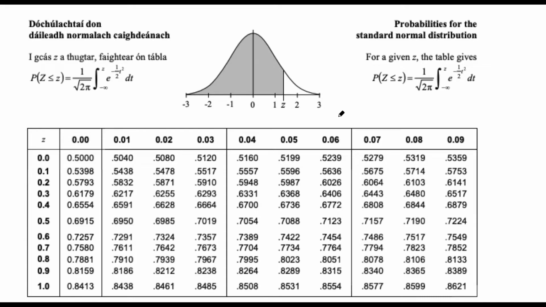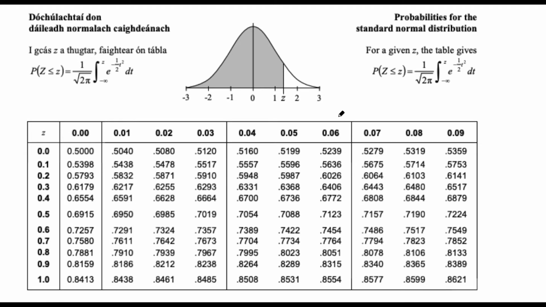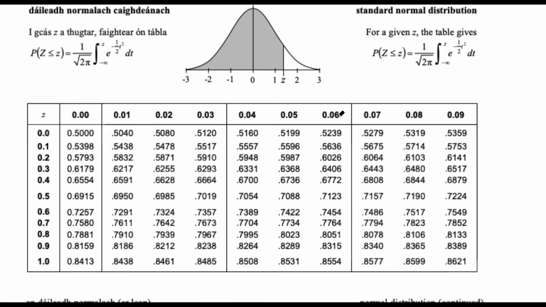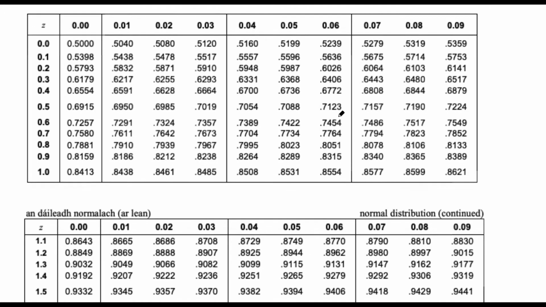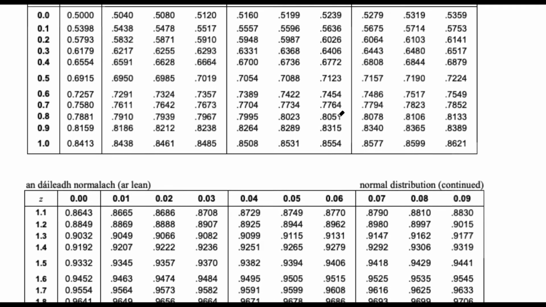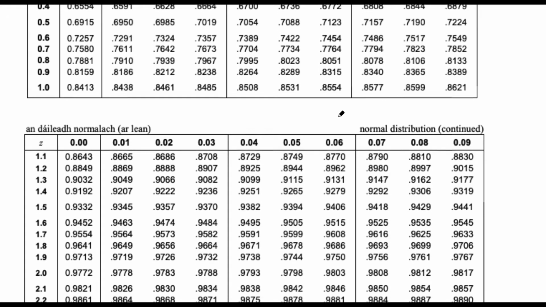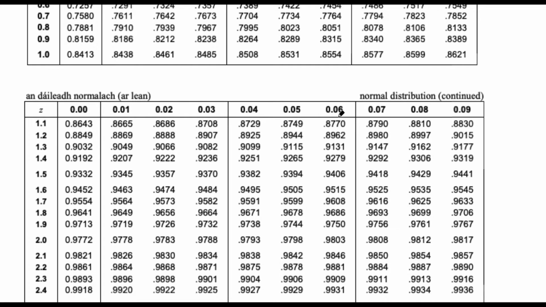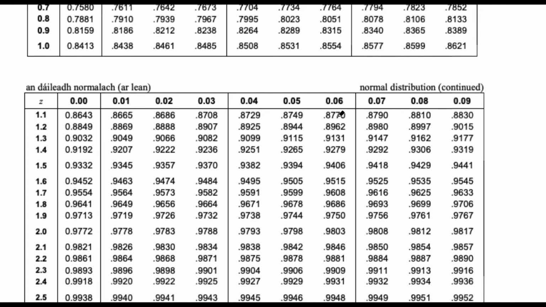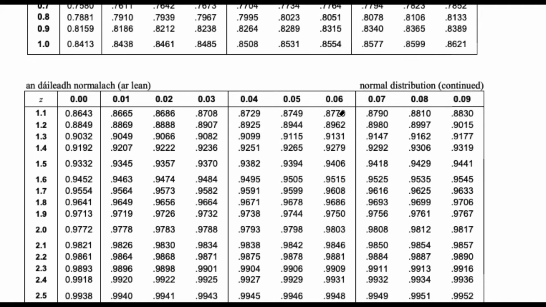So first, make sure you're on the right page, that you've got your normal distribution, because there are quite a few distributions in the log table, so take a look that it's normal. And then once you've decided that you've got the right one, you're going to scroll down through the tables, or in your case, flick through your book, and find 1.5. Now we won't be able to find minus 1.5, so we're going to settle for 1.5 for now.